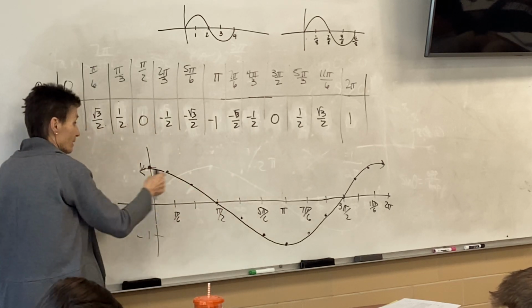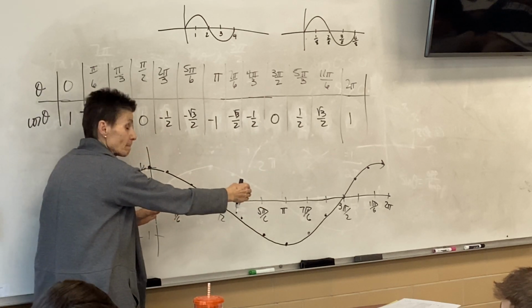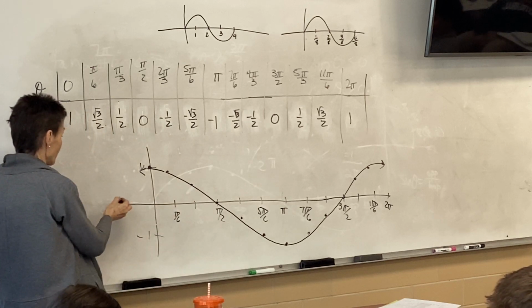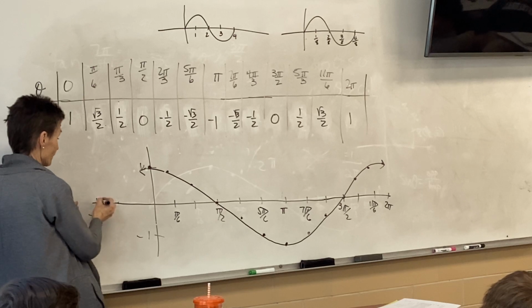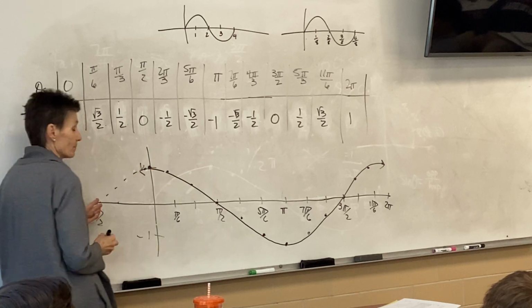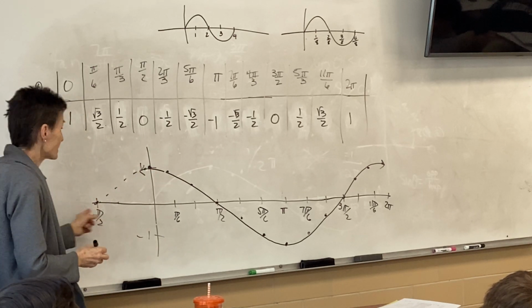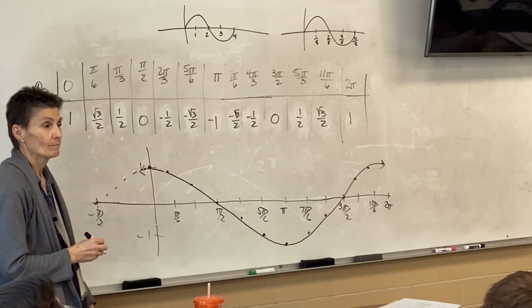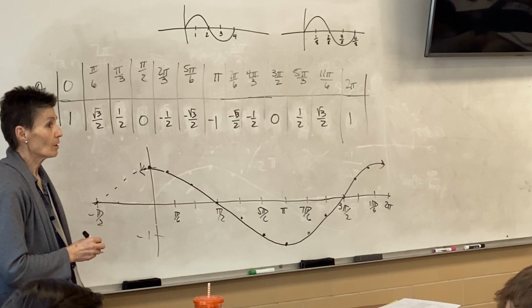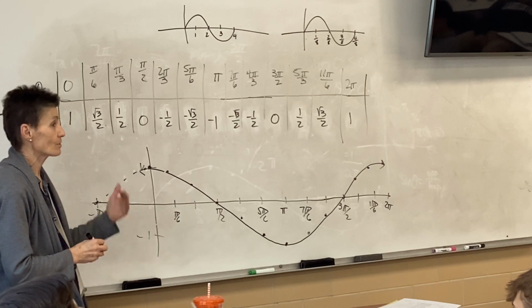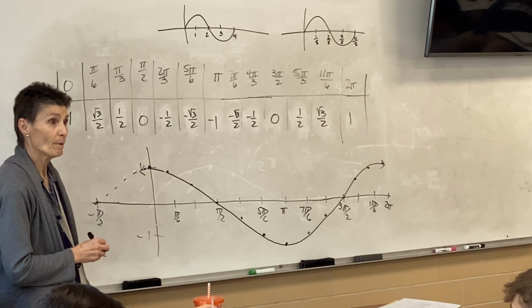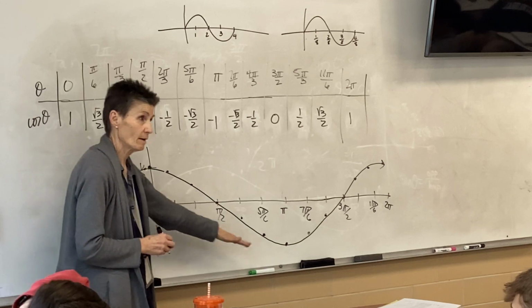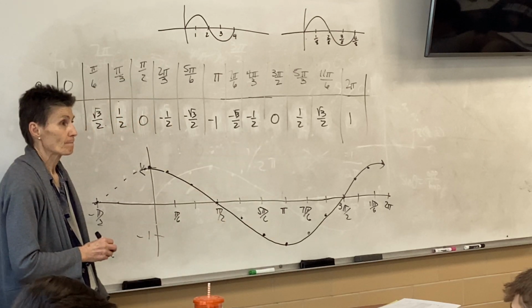If I were to pick this picture up and back it up pi over 2, then it's a sine curve, right? Cosines and sines are both sinusoidal because they can both be thought of as sine curves.